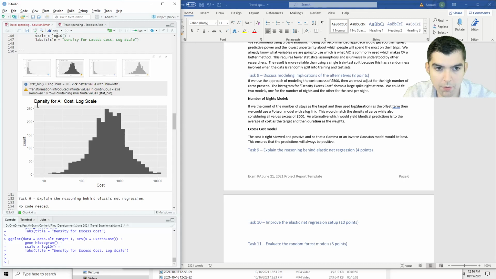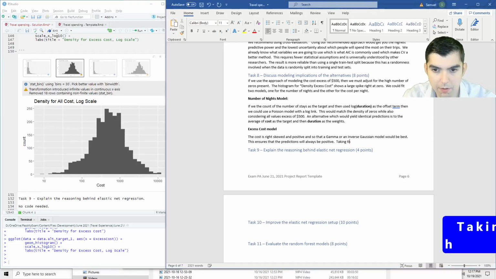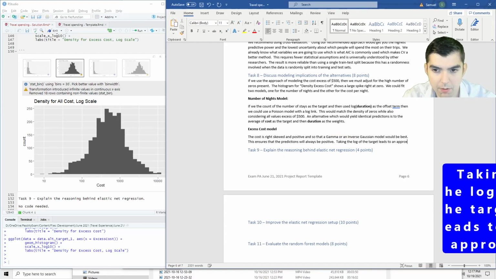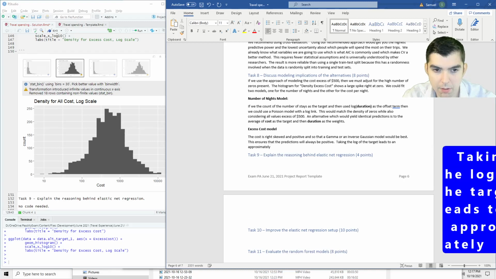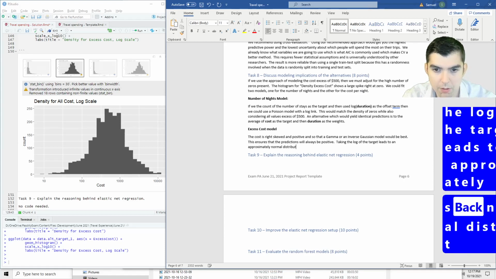So this is for density for all cost, log scale. Taking the log of the target leads to an approximate normal distribution.